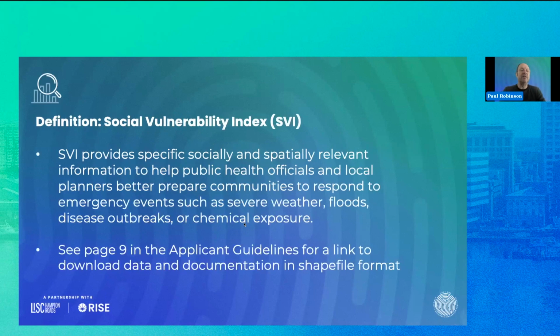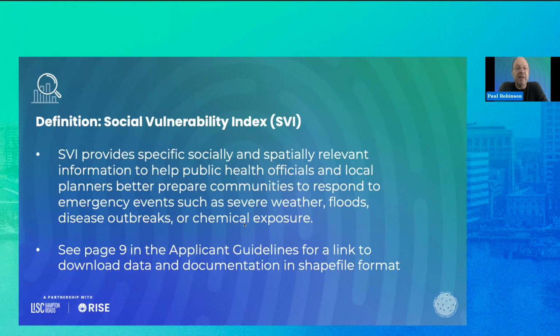I also want to give you a definition of the Social Vulnerability Index. There is a lot available on the internet. See page 9 of the applicant guidelines for a link to downloads, documentation, and data for the Social Vulnerability Index, otherwise known as SVI.